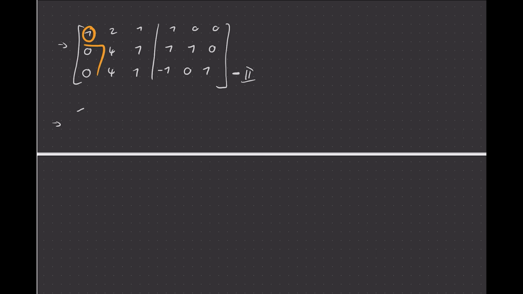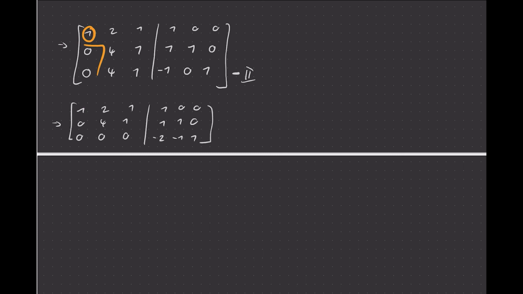And that yields 1, 2, 1, 1, 0, 0, 0, 4, 1, 1, 1, 0, and 4 minus 4 is 0, and 1 minus 1 is 0. And here we will get minus 2, minus 1, and 1.